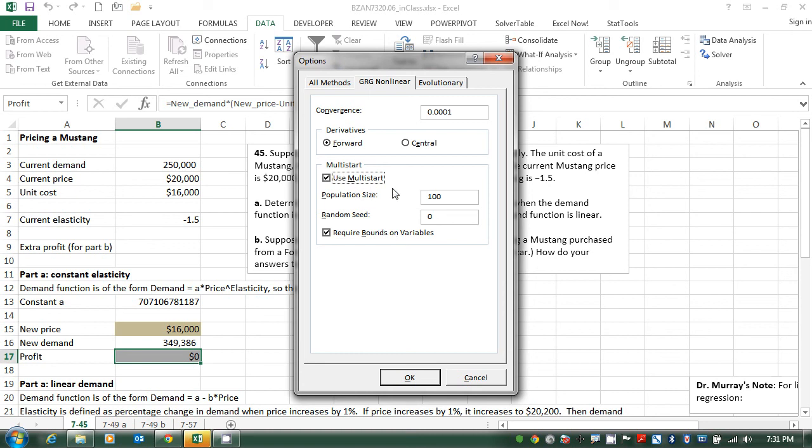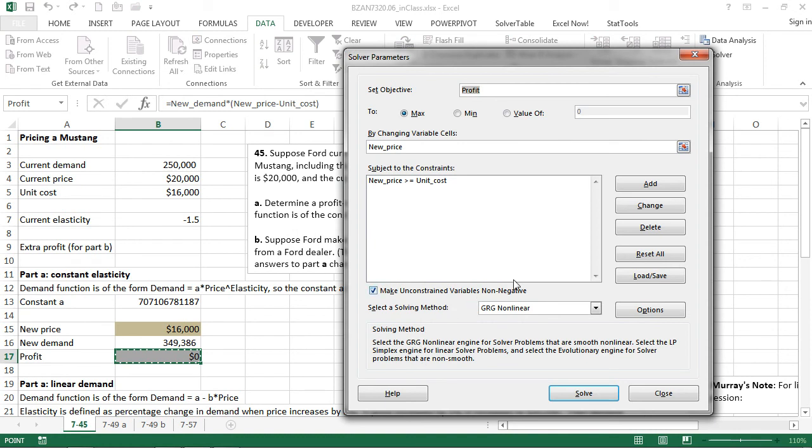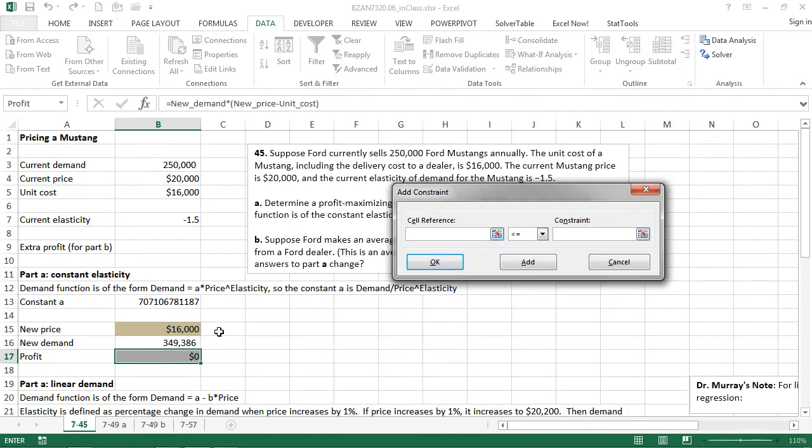Because what multi-start is going to do is choose random values, 100 random values between the bounds that I place on the decision variable. So let me go back to my problem and add a new constraint for price. And that constraint is the price has to be less than. Now, what value should I choose?